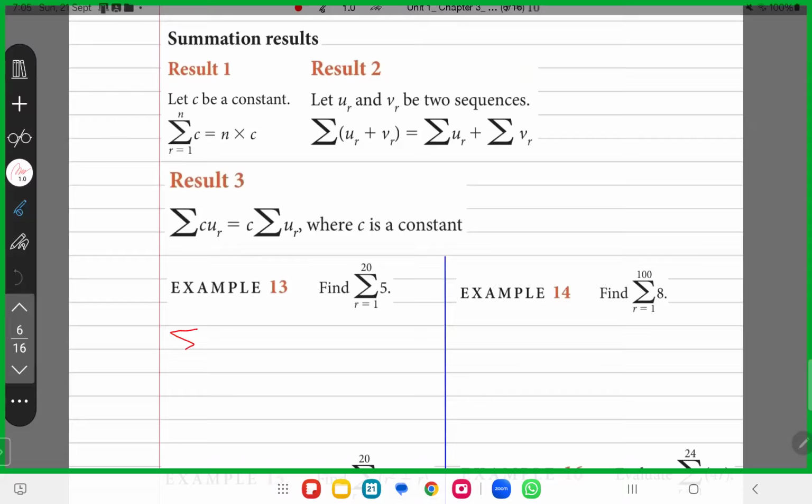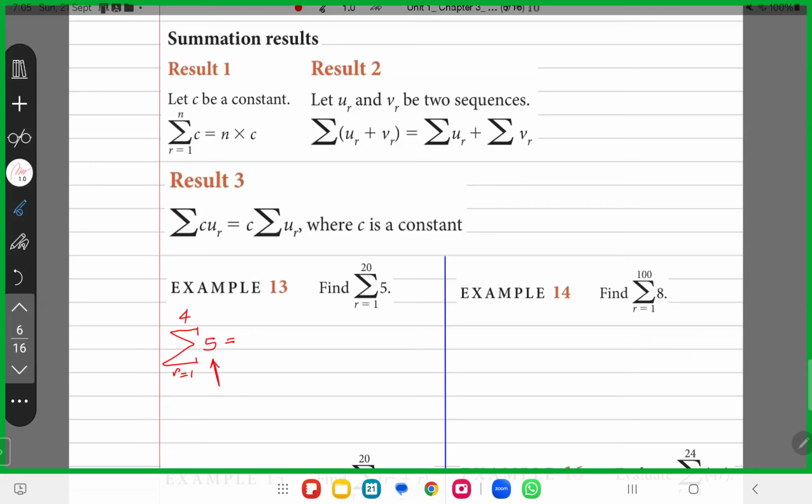Whenever you, let us say, see something like this, let us say 5 is here, and this is from R equals 1 to, let us say, R equals 4. Notice that the general term, which is here, has no R in it.